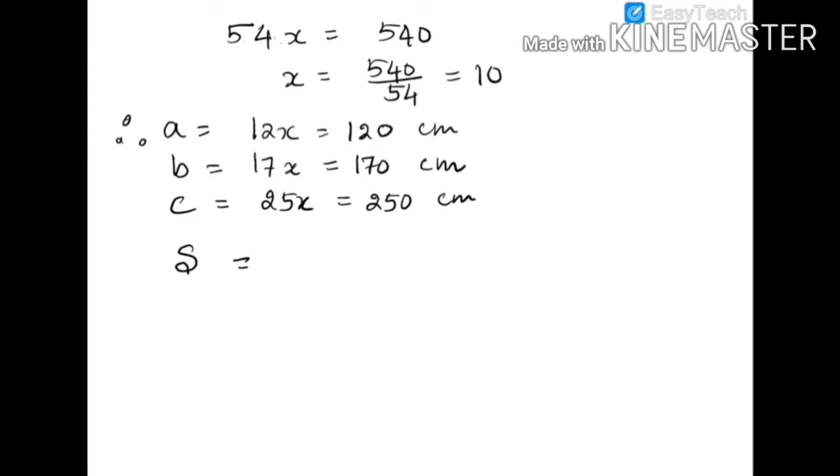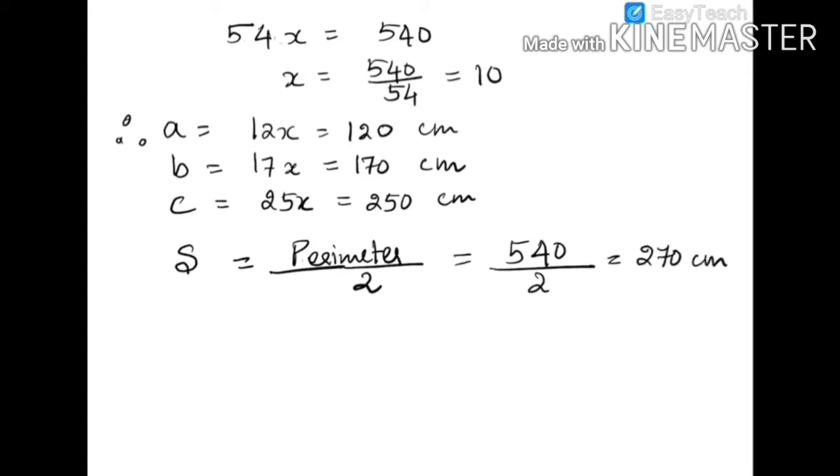So now we can find out the semi-perimeter, that is perimeter of the triangle divided by 2. We are given perimeter as 540, so substitute and divide by 2, so we get 270 centimeters as the semi-perimeter.